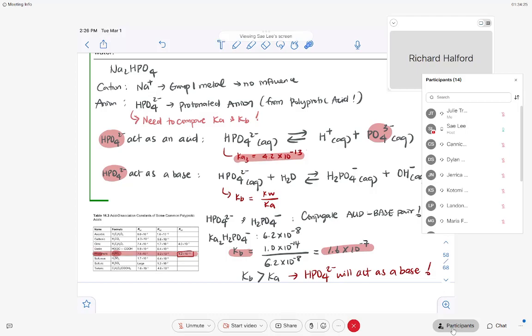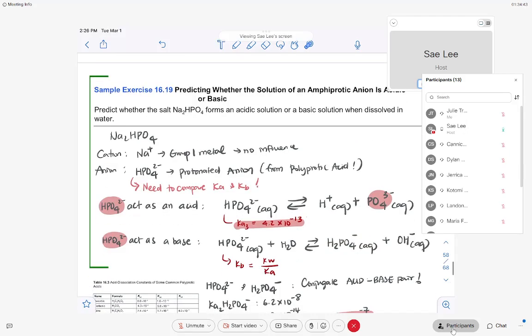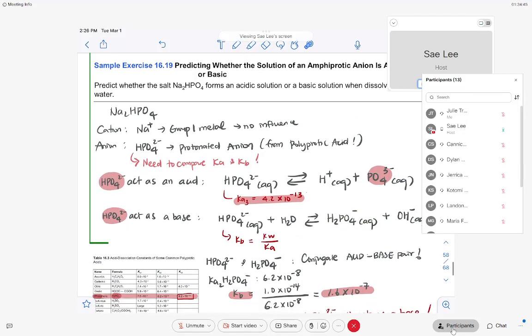I have a question. When you see a formula, how can you determine which one is a cation and which one is an anion?